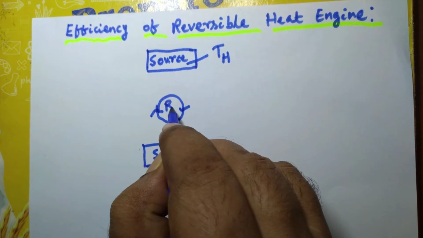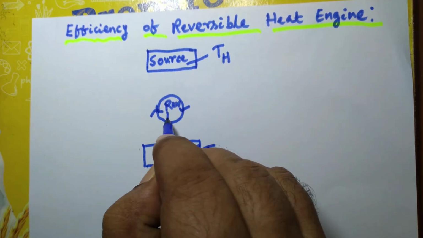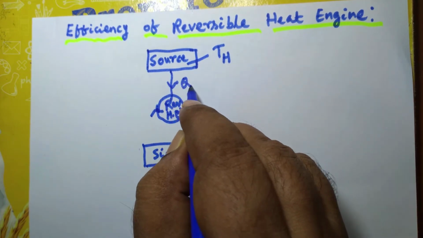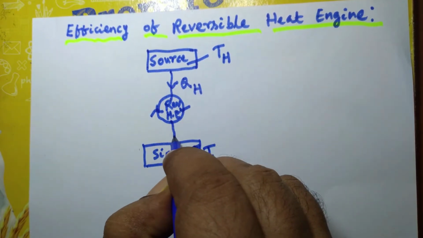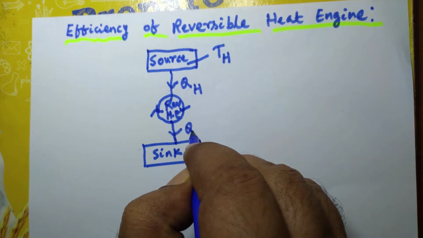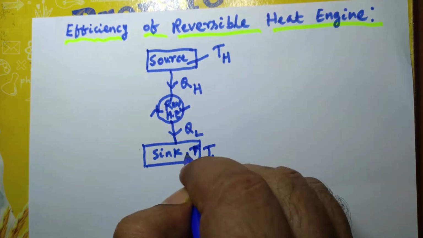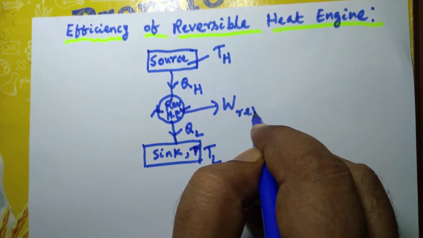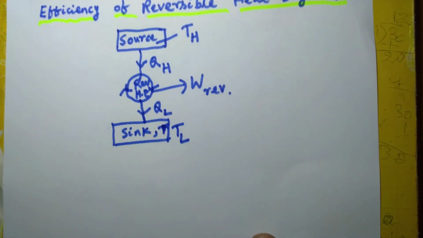Suppose this is a reversible heat engine. It extracts heat QH from the source, rejects heat QL to the sink, and produces net work output W reversible. So what will be its efficiency?